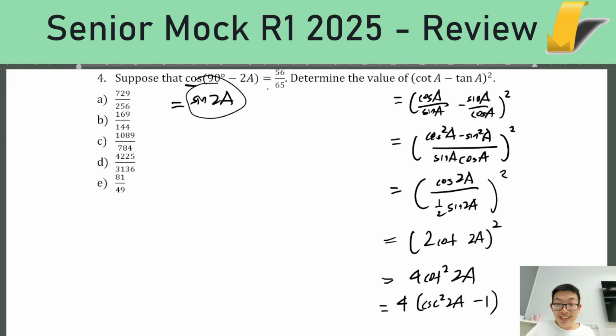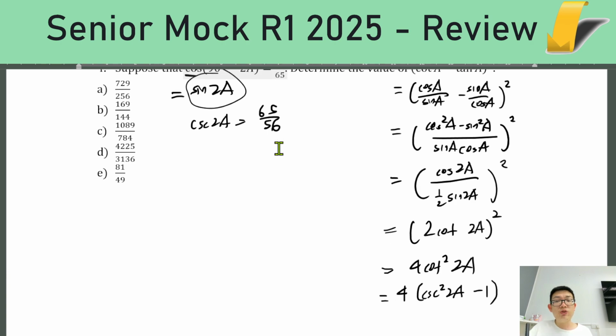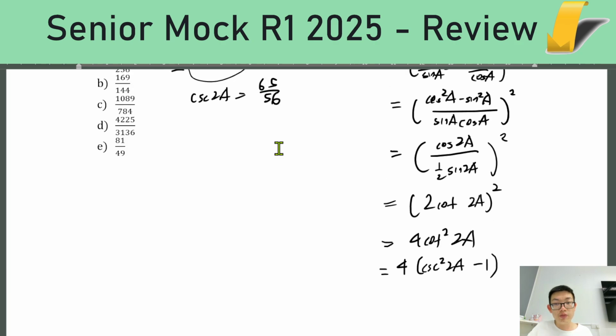Sine 2a is this. The reason why is to save myself numerical computation time. I'd rather do algebraic stuff, right? Algebraic stuff are faster than, let's say, squaring, square rooting, squaring, square rooting, subtracting, and adding. Because cosecant is just going to be the reciprocal. And so all I have to do is just to substitute, and then there's only one final computation to do.